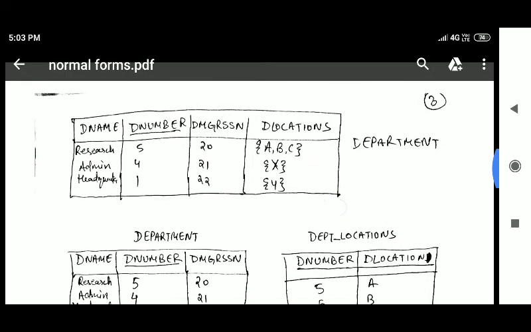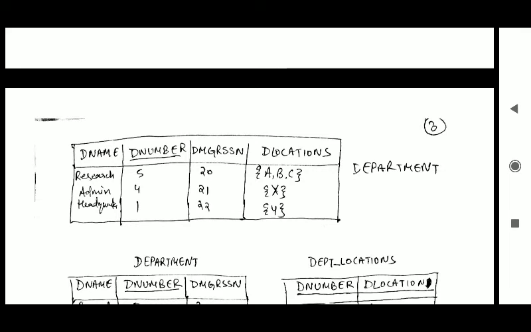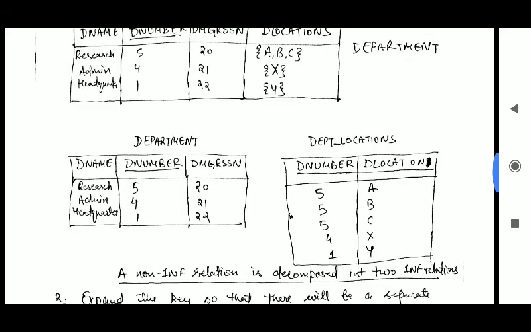So here you can see that in this original department relation for department number 5, the value of D locations is A, B, C, because this department number 5 had three locations A, B and C. So in this relation department locations, what happened?